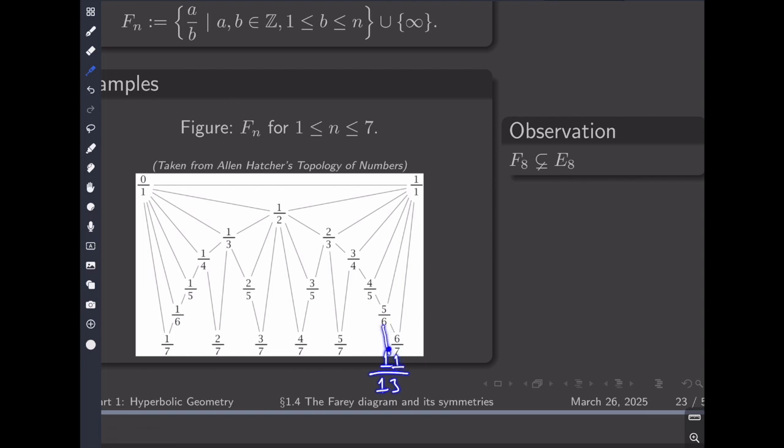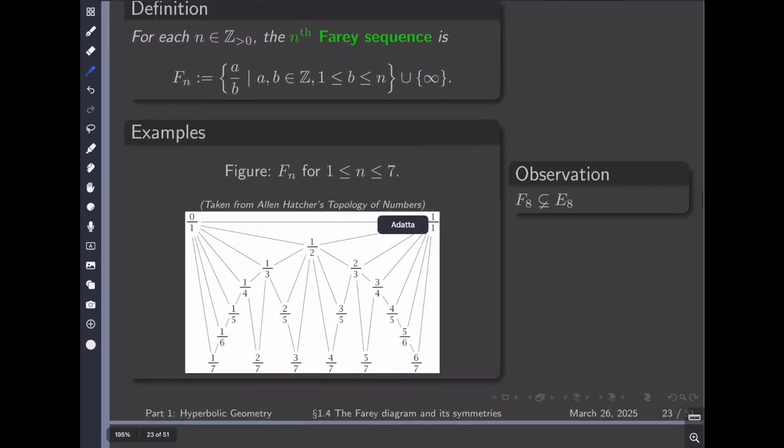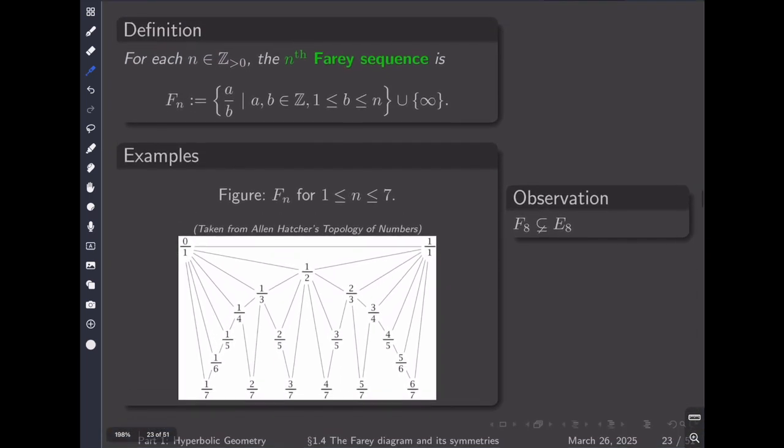You see, the denominator increased a lot, I mean, it didn't increase by 1 only.